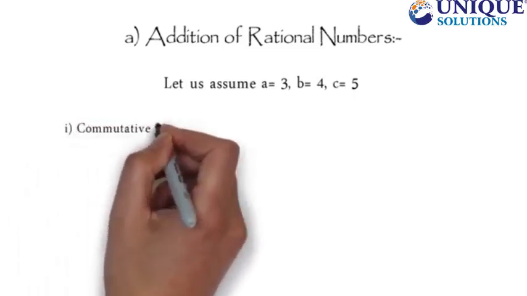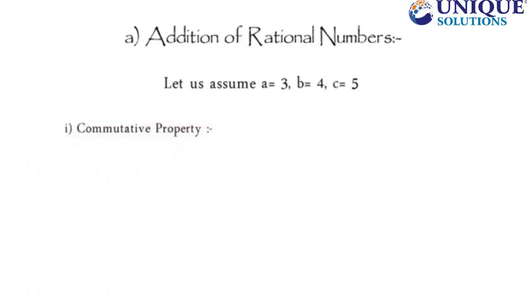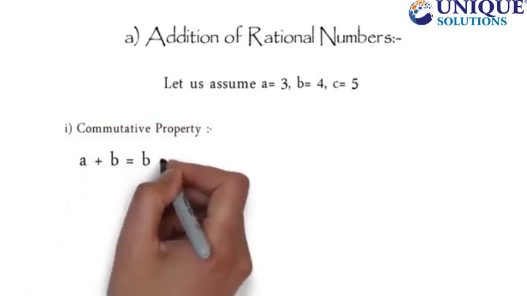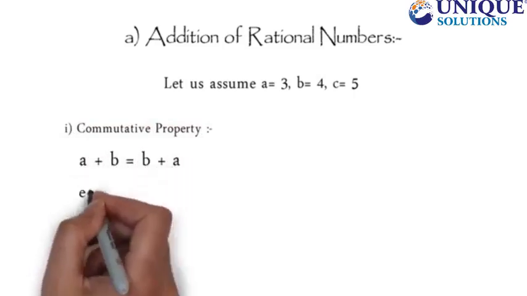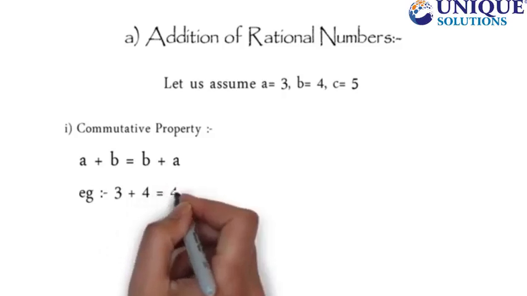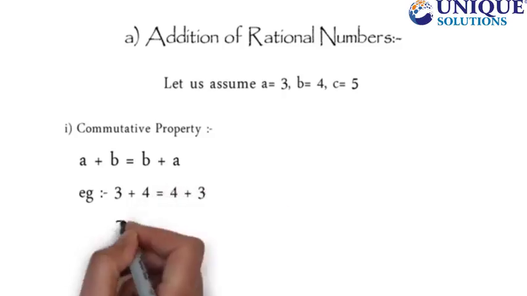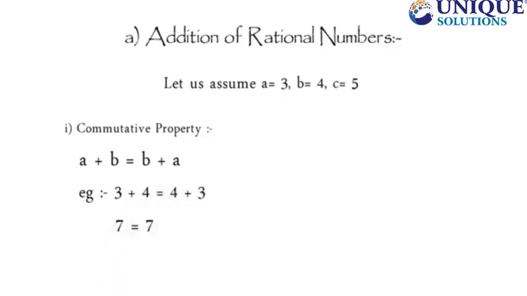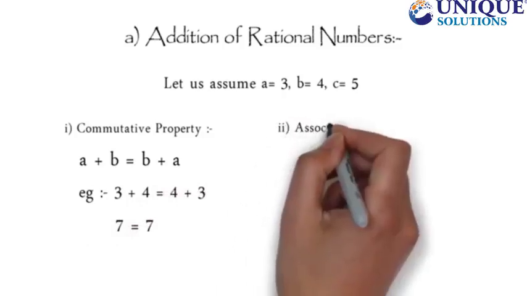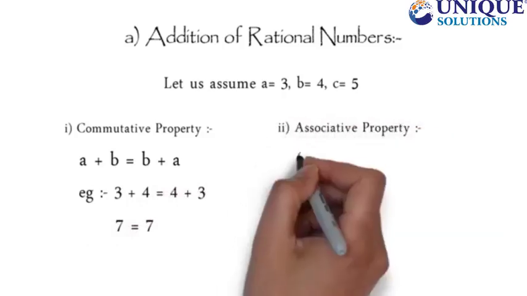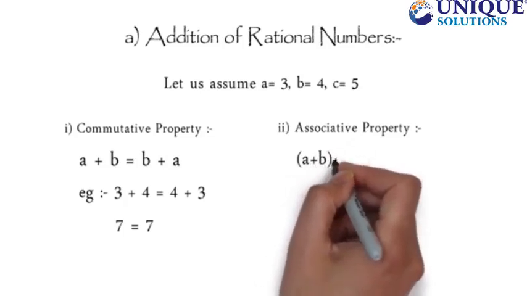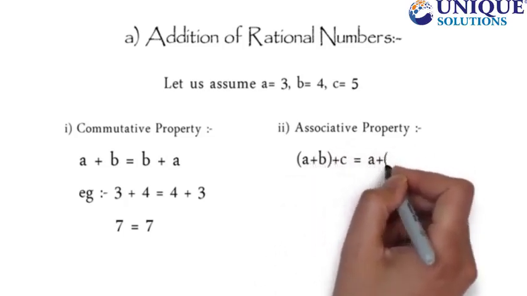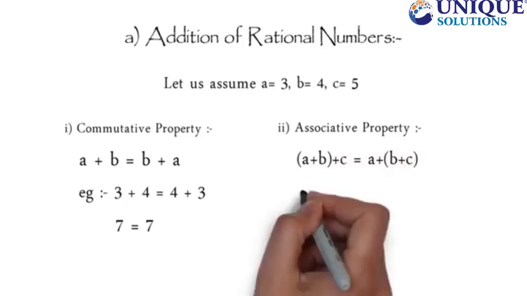First, commutative property, which is a plus b is equal to b plus a. Therefore, 3 plus 4 is equal to 4 plus 3 and hence 7 is equal to 7.